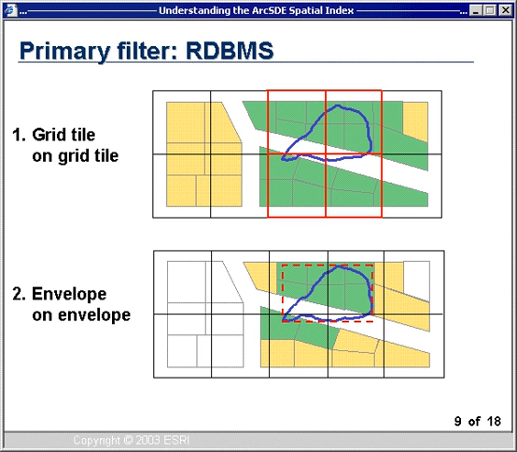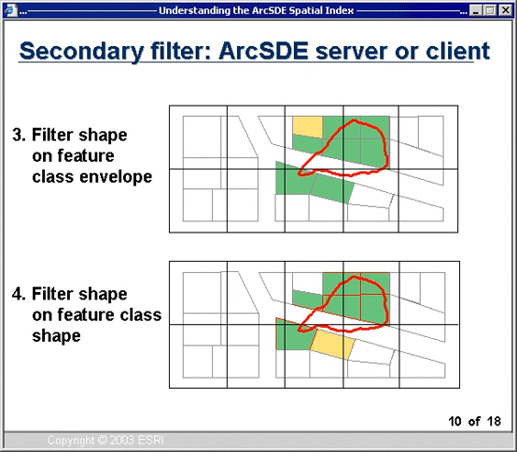So the second stage of our query, this is the last two processes of elimination to just return a result set. These take place with the ArcSDE server. If you are using a direct connect connection rather than an application server connection, so you're connecting directly from ArcCatalog, ArcMap, or some client application through to SQL Server or Oracle, this stage takes place on the client machine.